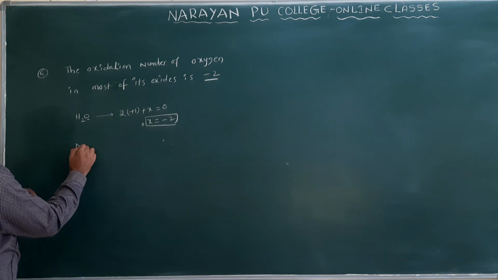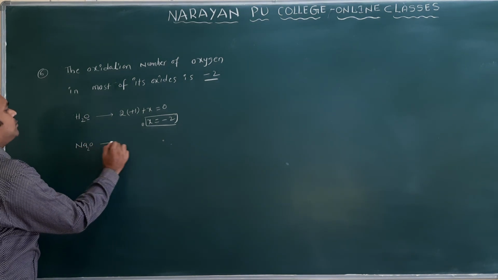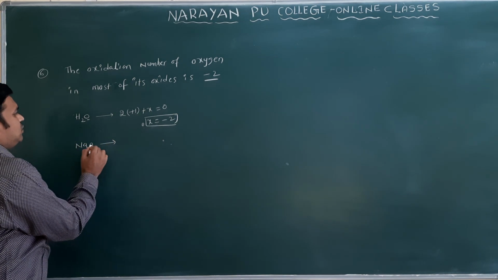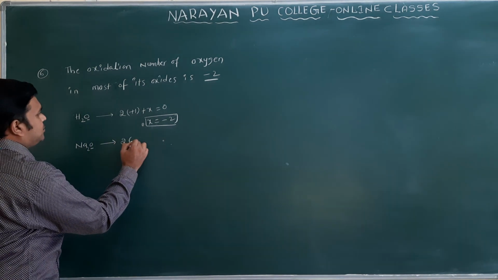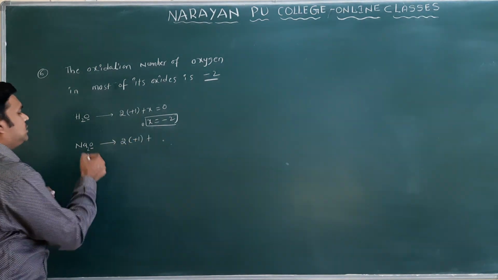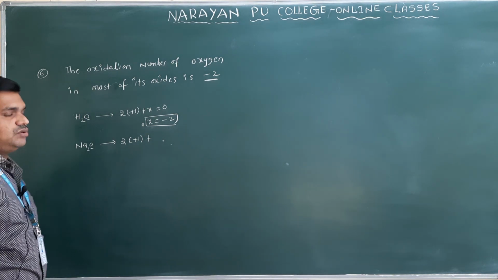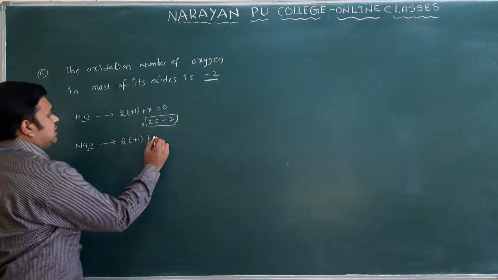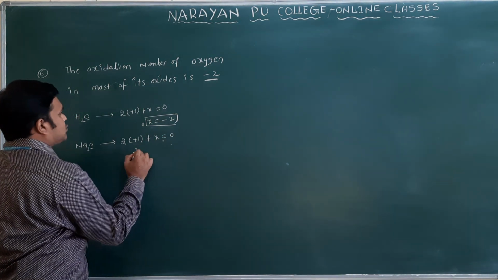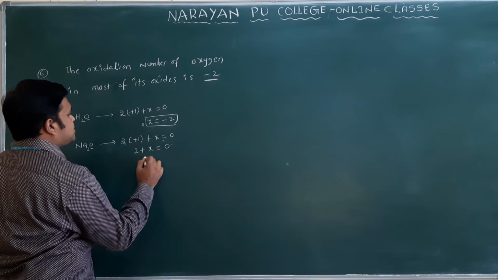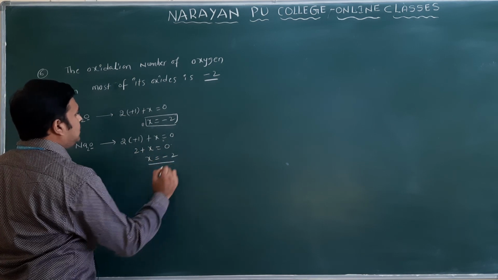If we take sodium oxide, Na2O, what will you get here? To find oxygen, this is 2 into +1. Why +1? Sodium is a first group element. Its oxidation number is +1, plus x is equal to 0. So we write 2 plus x is equal to 0, x equal to -2.